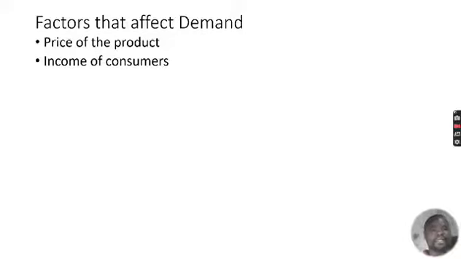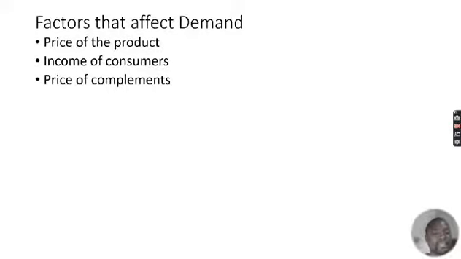What else? Income of consumers. If the income of consumers is high, you see that demand for goods and services will be high. And if the income of consumers is low, you find that the demand for goods and services will be low. What else? Price of complements. Now, before we explain that, we should understand what complements are. Complements are products that go along.